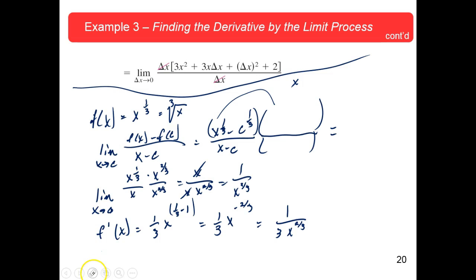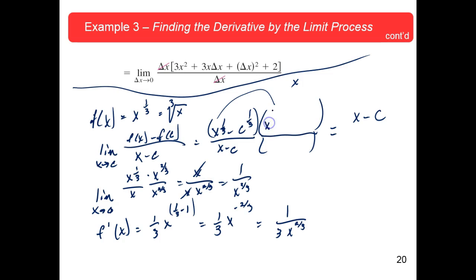Okay, I want to multiply by something that makes this a difference of two perfect cubes. Okay, so I want this to be x minus c. So it was the same thing we were talking about when we were trying to find the product. Okay, here's what this will be.